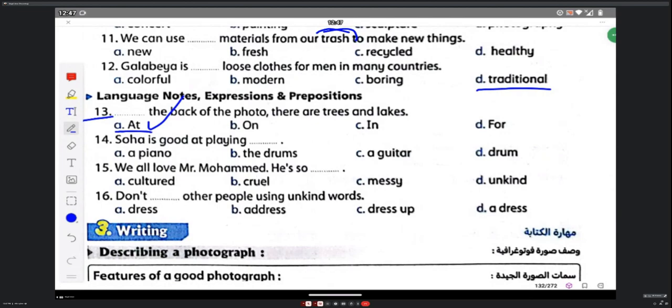Soha is good at playing the drums. Musical instruments are followed by the if they are used for playing music. But if we buy it or look at it in a shop window, we can use a or an. We cannot use the anyway, but we use the for playing music.